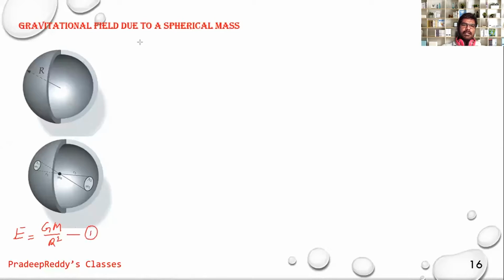If we are considering this spherical surface, and from this spherical surface, if you are taking a point P which is outside the sphere.